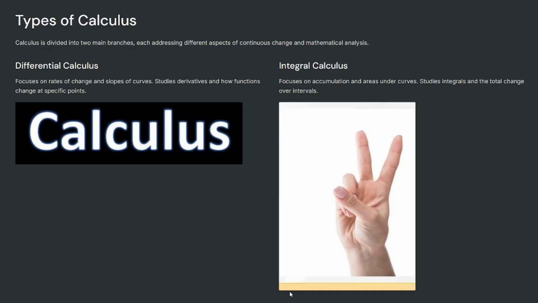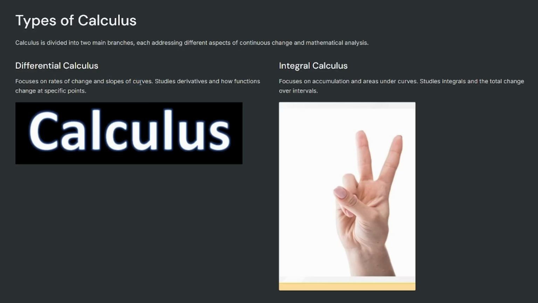First one is differential calculus, which basically means differential equations, and second is integral calculus, which is integration. Differential calculus focuses mainly on the rate of change, also known as slopes of curves and slopes of lines.